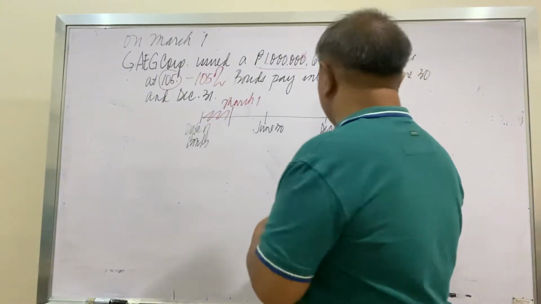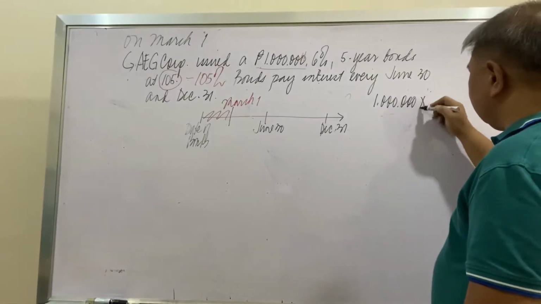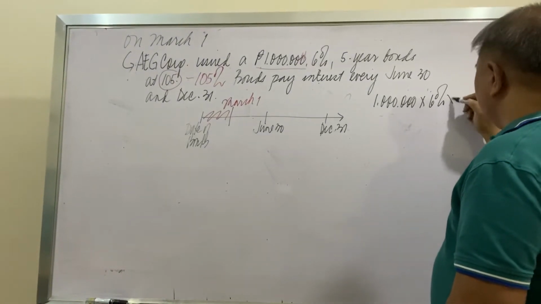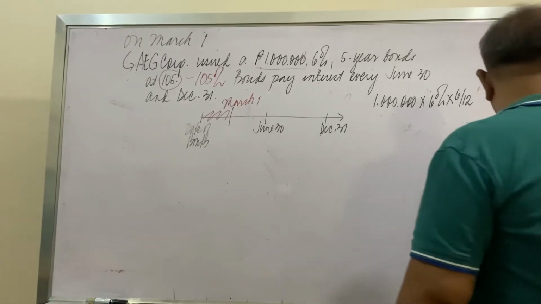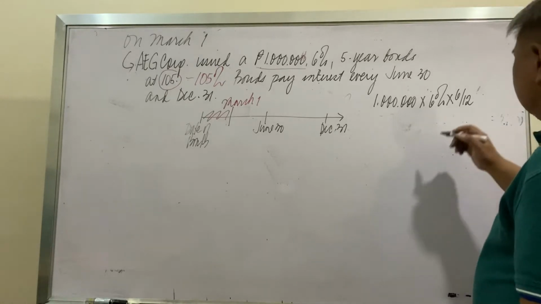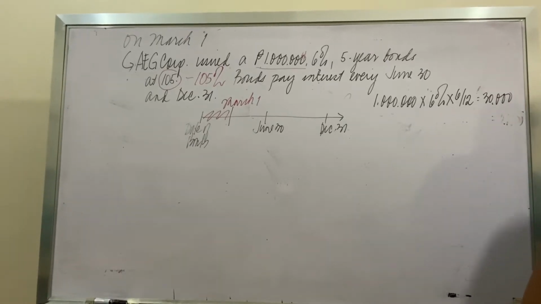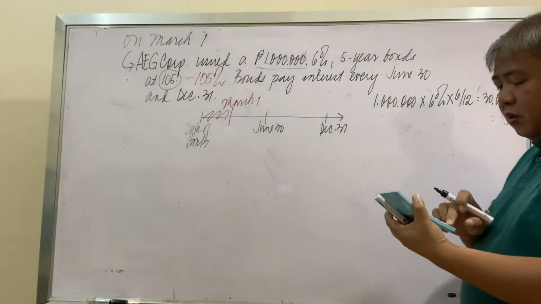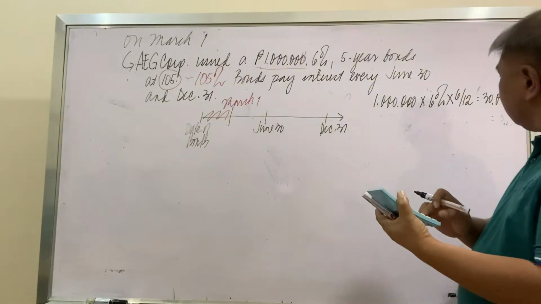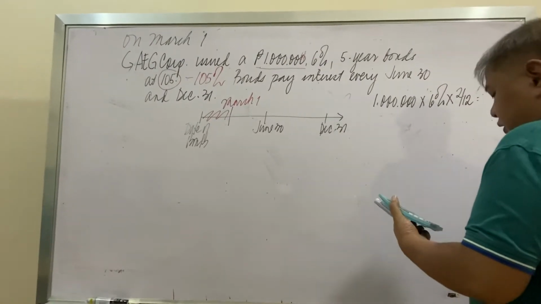Let us compute the accrued interest: 1 million times 6% times 2 over 12.